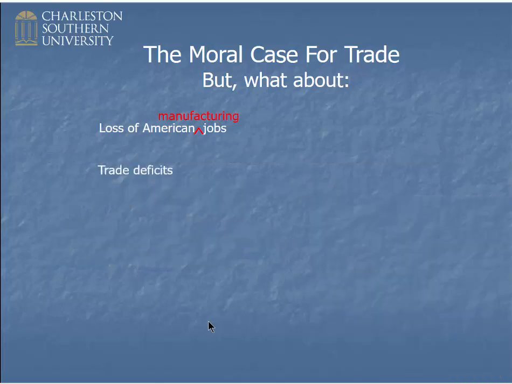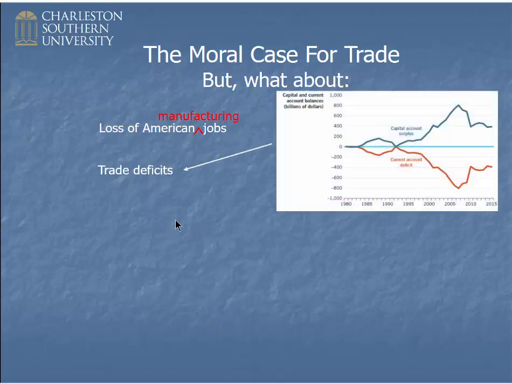Okay, so what about trade deficits? Well, you might remember from a couple of weeks ago, we talked about this already. The current account deficit is a mirror reflection of the capital account surplus. So it's not like we buy $100 worth of stuff from the rest of the world and they only buy $80 worth of stuff from us, and they take the $20 and toss it in the trash. That's not what happens.